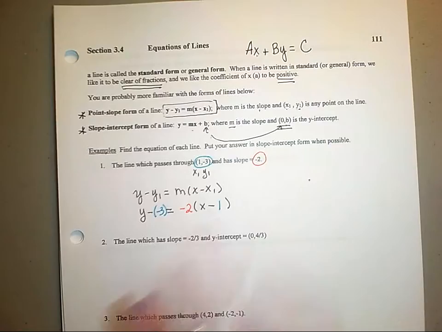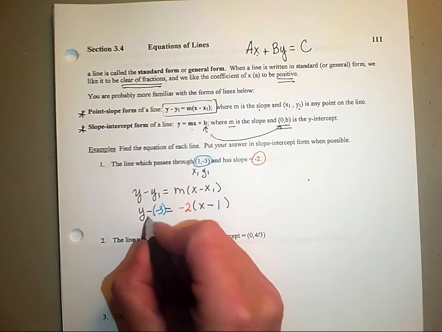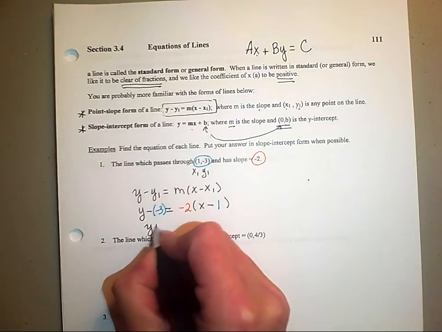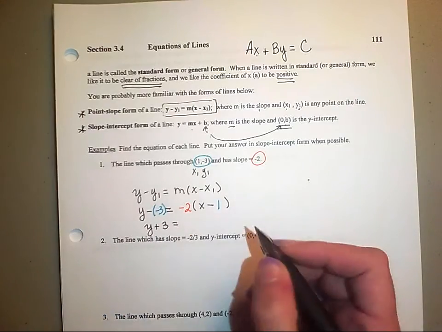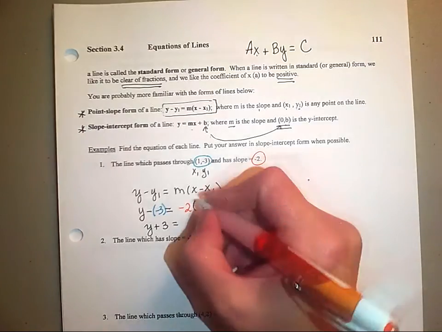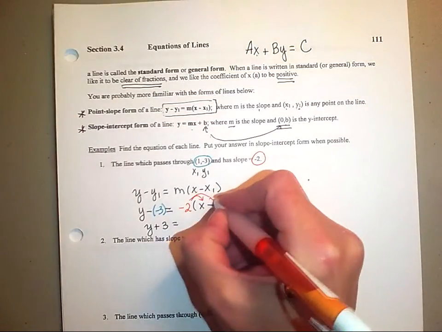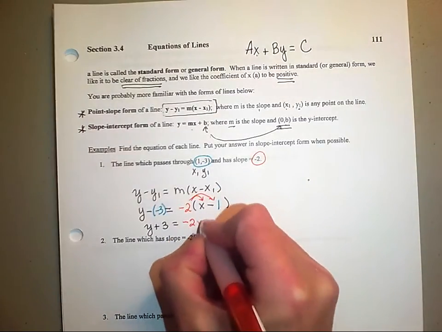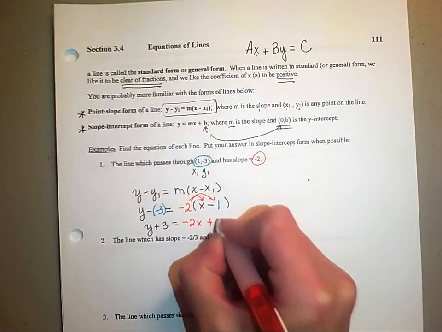Okay, so this is step 1. It'll get you points. And now we're going to simplify this. So this becomes y plus 3 is equal to, and now we'll have to distribute this negative 2 through. So negative 2x plus 2.